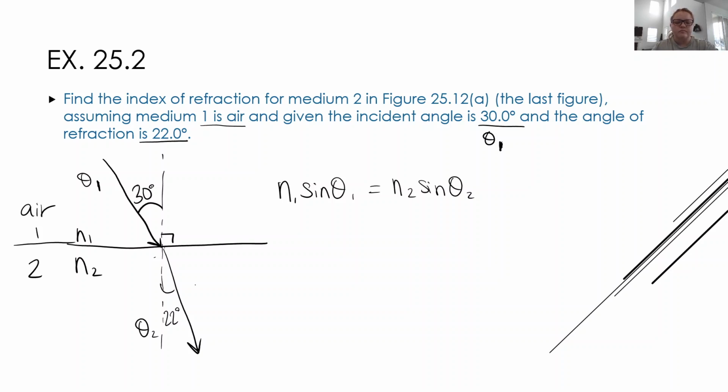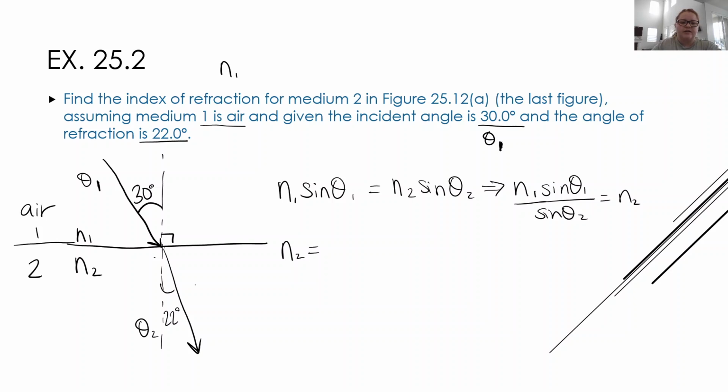We can rearrange this to be n1 sine theta 1 divided by sine theta 2 is equal to n2, or n2 is equal to n1, which is air.